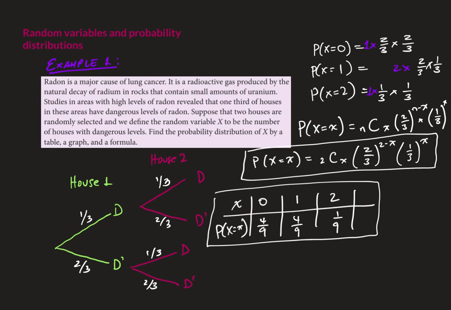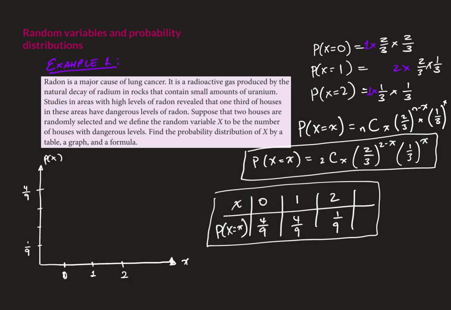Now, how about the graph? If we wanted to represent this information as a graph, then what we have to do is a bar graph. We're going to put on the x-axis the values of the variable, in this case 0, 1, 2. And we're going to build a bar, like a frequency bar, that goes up to the value of the probability for the value of the variable.